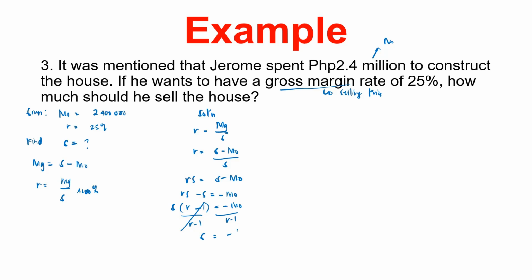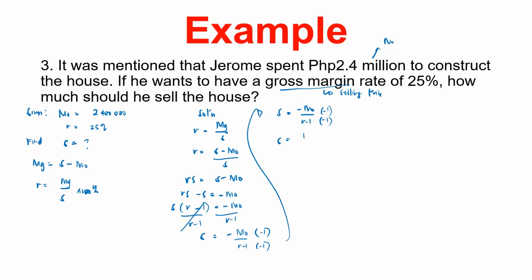Since we have negative cost price all over R minus 1, we are not allowed to have a negative cost price. So we need to multiply both numerator and denominator by negative 1. Okay? So, i-multiply natin sila negative 1, both numerator and denominator.